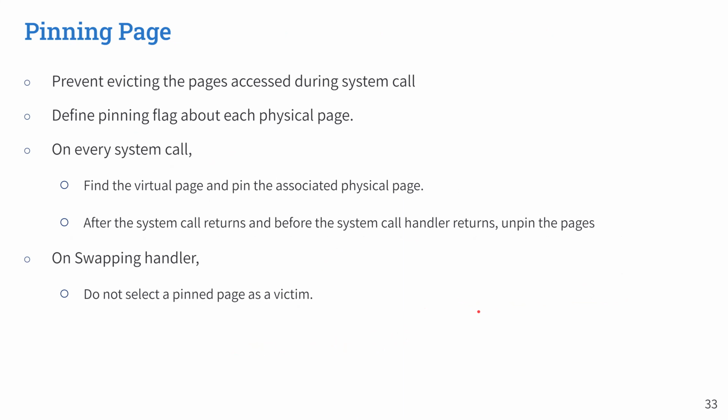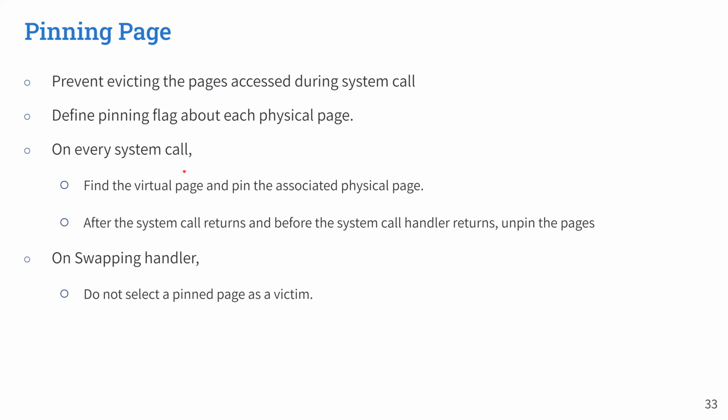To prevent this from happening, you should prevent evicting the pages accessed during the system call. So when the system call is working on the physical page, you should define a pinning flag for each physical page and prevent it from being evicted.